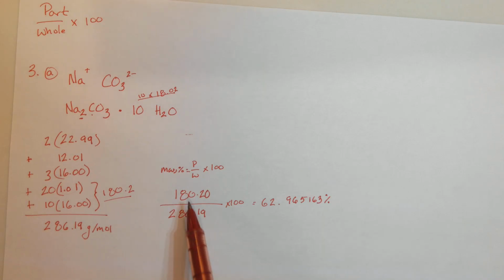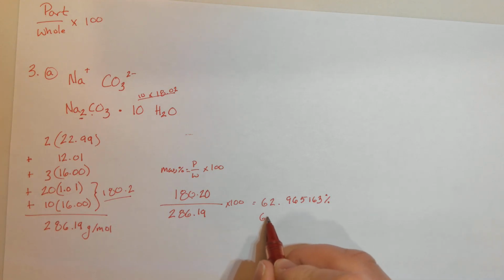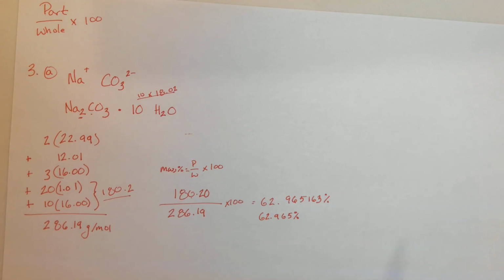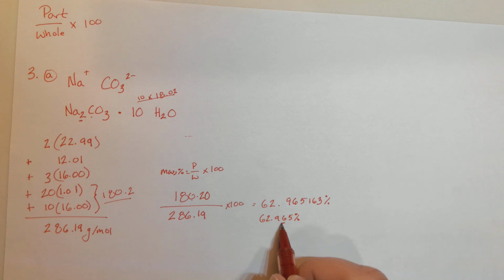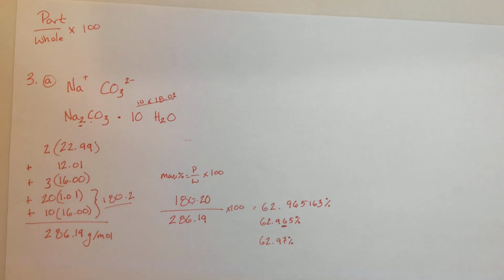Now I've got 5 significant figures here, 5 significant figures here, and that means I'll want 5 in my answer, 62.965%. Usually I'm just going to ask you to please go to the 100ths place. 100ths place is fine here for these kinds of questions, and I'll note that in our assessments. So it would have been fine if you said 62.97%. And that's our answer.